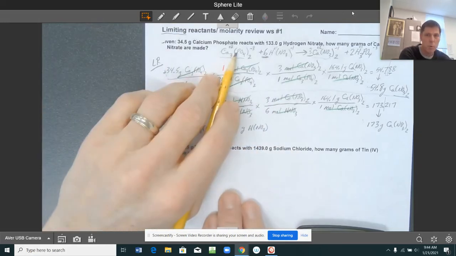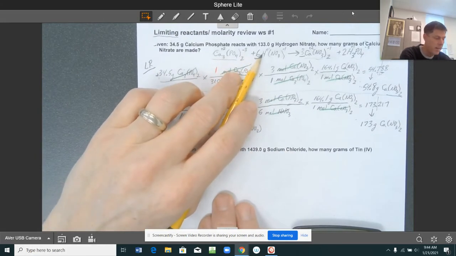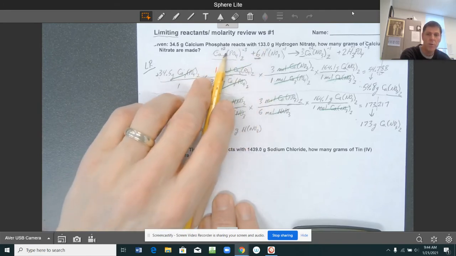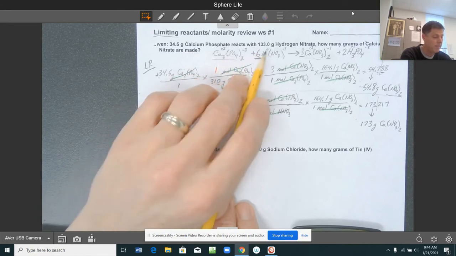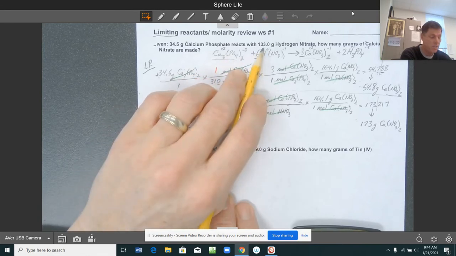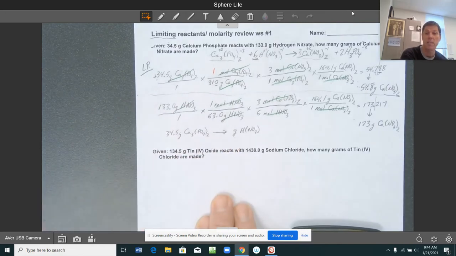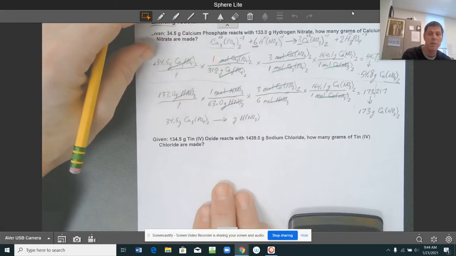If I were to convert from grams of this to grams of this, it's going to tell me how much of this I actually used when I used up all of this. Knowing that, I knew how much I started with. If I subtract out this value, it tells me how many grams I have left over. Okay. That's a limiting reactant problem.